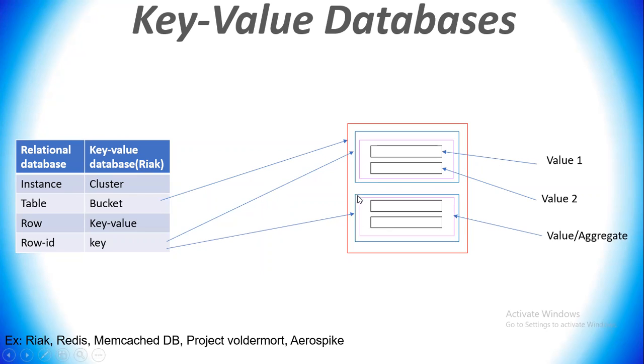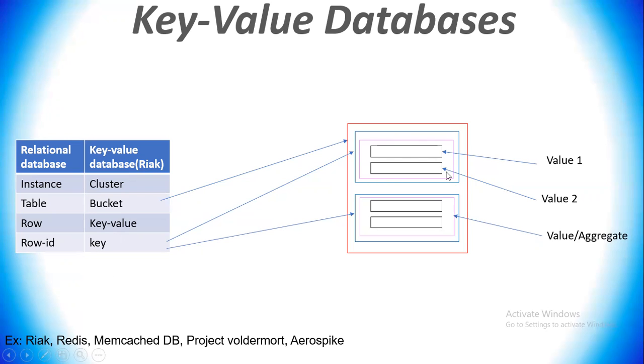So there are multiple key value pairs. Within this key value pair, you have a key which contains these values. So this is a key value pair, and it is identified by the key. The key is the one which identifies a particular row, right?